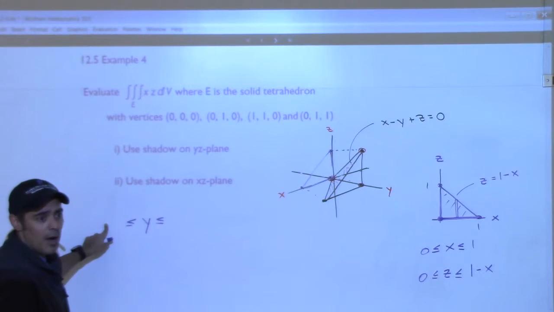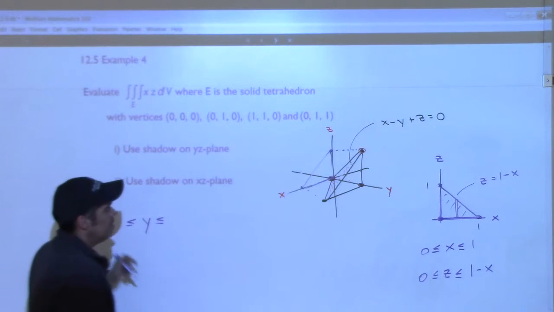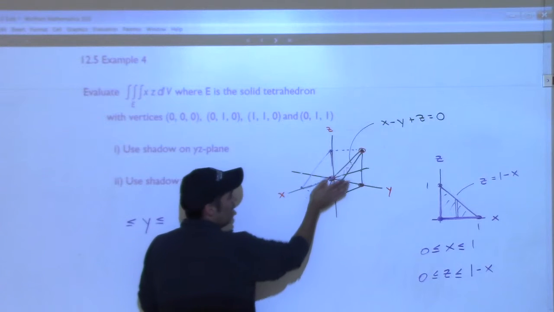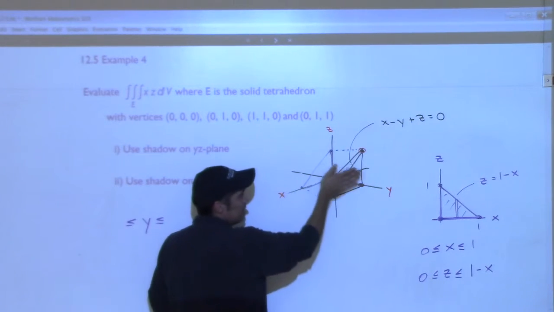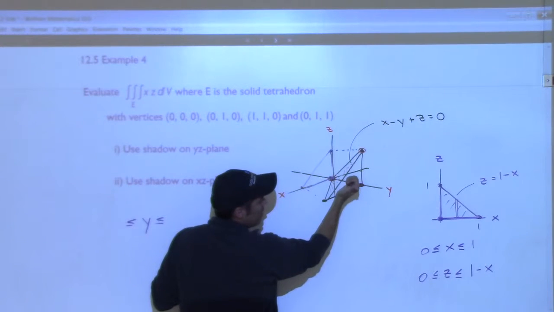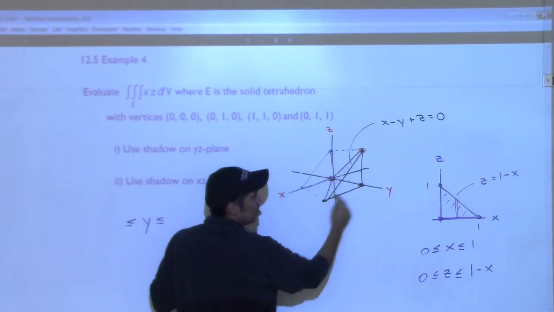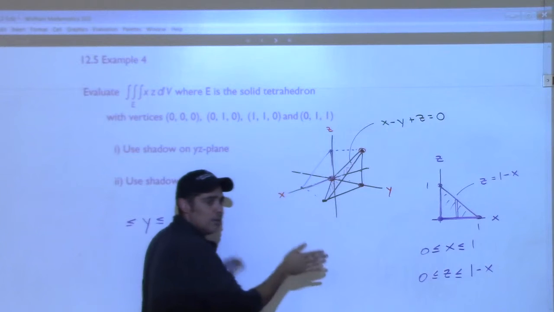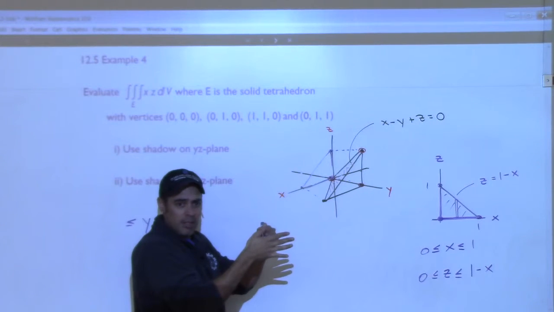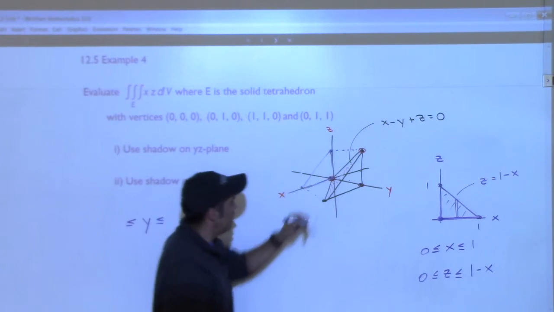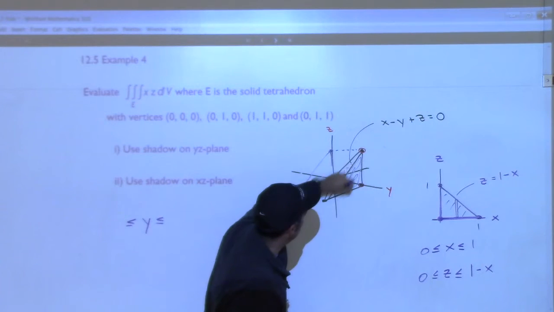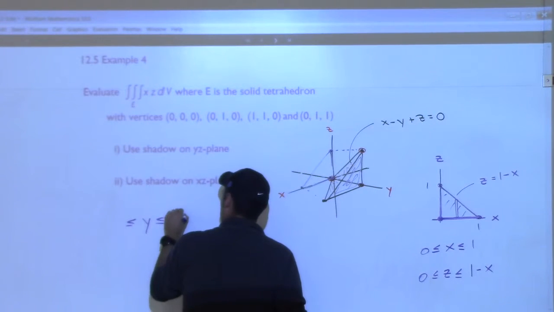But everyone needs to see y. You're looking at the restrictions on y, so that's this way, right? Like this? Okay, so the furthest side of the solid object E is this triangle, right? Anything on that triangle has the same y coordinate. It's a constant. What is it? 1. It's this flat surface right here, so that's y is 1.